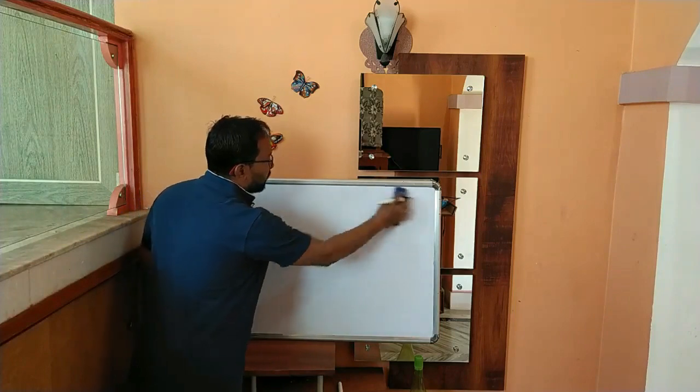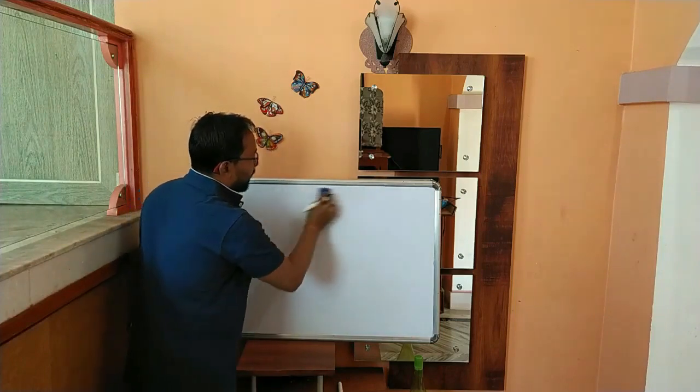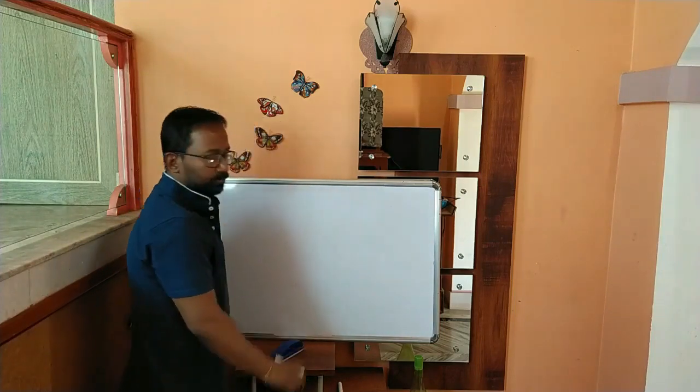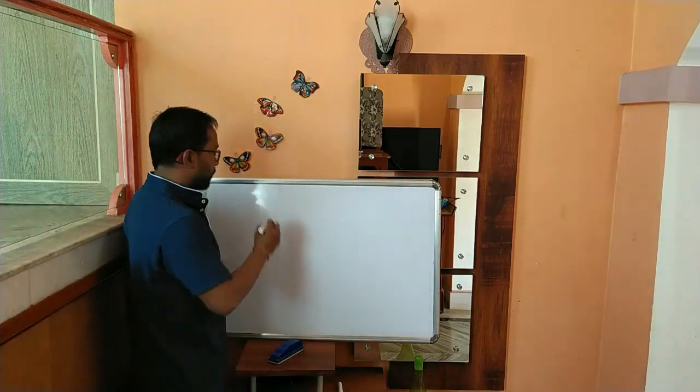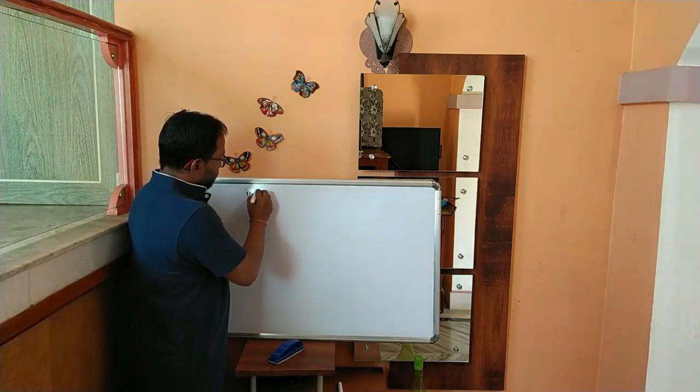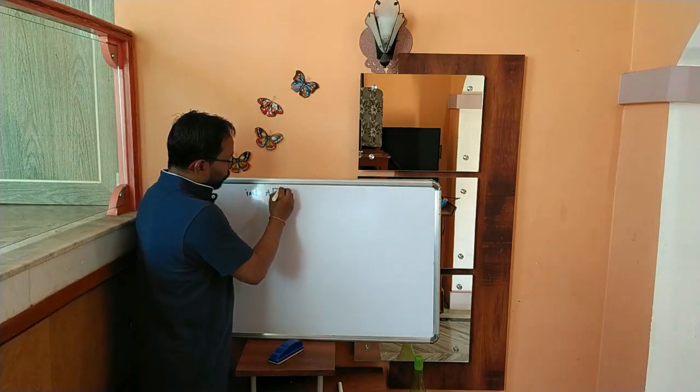Another way we can create an array, and in this type of creation we can assign values at the time of declaration. Let's take an integer array a, square brackets.